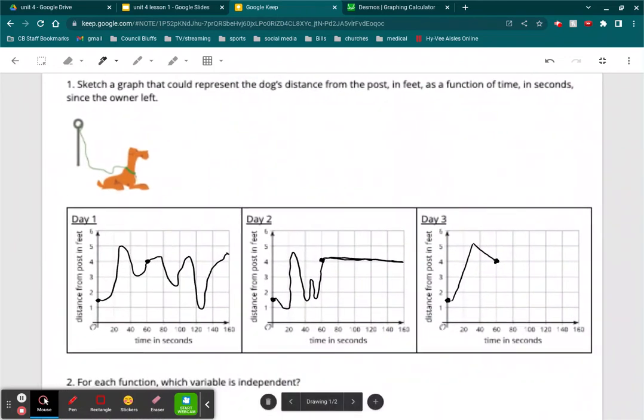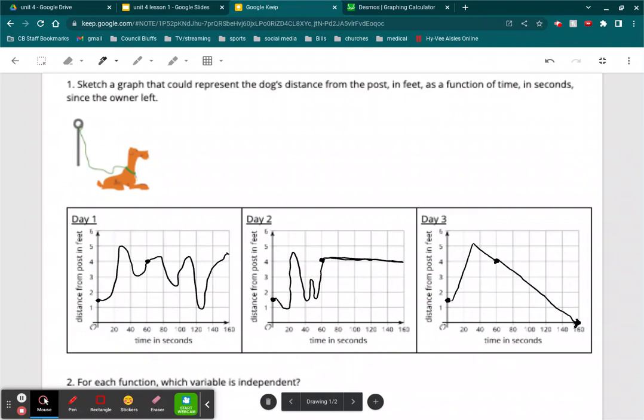Okay? If it's completely wrapped up around the post, that means by the time it gets to the end, it's at the post. It's 0 feet from the post. So that means the graph is going to continue going down until it's wrapped around the post, meaning it's 0 feet from the post.